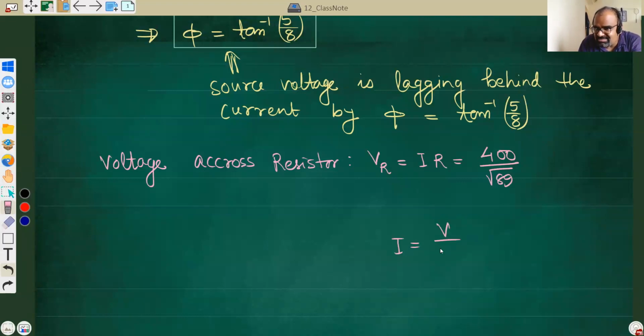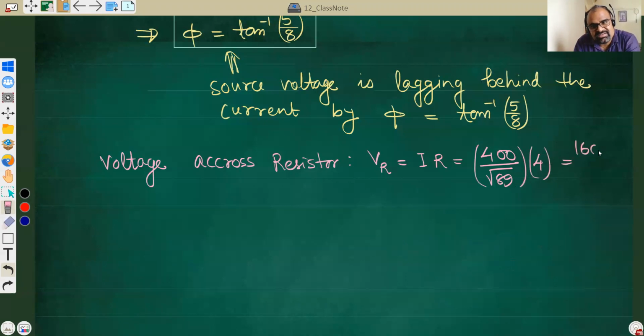By using V by Z, source voltage by impedance, and impedance was root over R square plus XC square. This was all done above, just a few minutes back. So this was I, and R is given to be 4 ohm. So this will be 1600 by root 89 volts. And then what about the voltage across the capacitor?